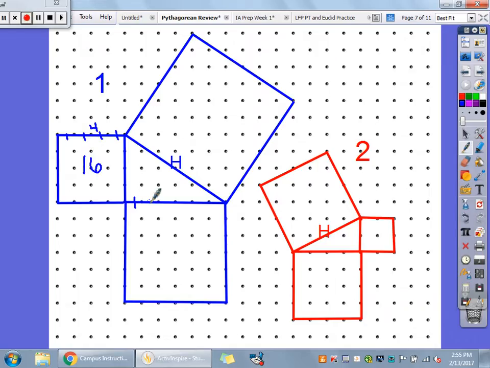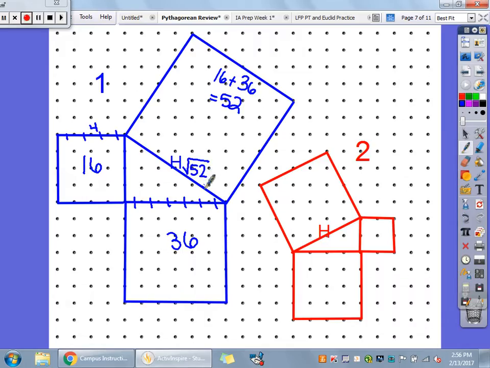And on this one, it's 1, 2, 3, 4, 5, 6. So 6 squared is 36. And so then for the area of this one, we take those two and we add them together, which is 52. Okay, so this number here tells us the area of this square. And in order to find the side length, remember, all we have to do is just take the square root of that number. So the length of the hypotenuse here would be the square root of 52.